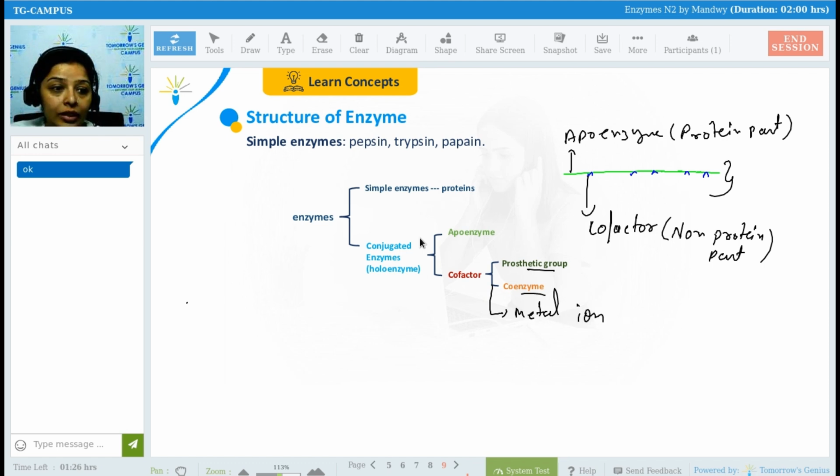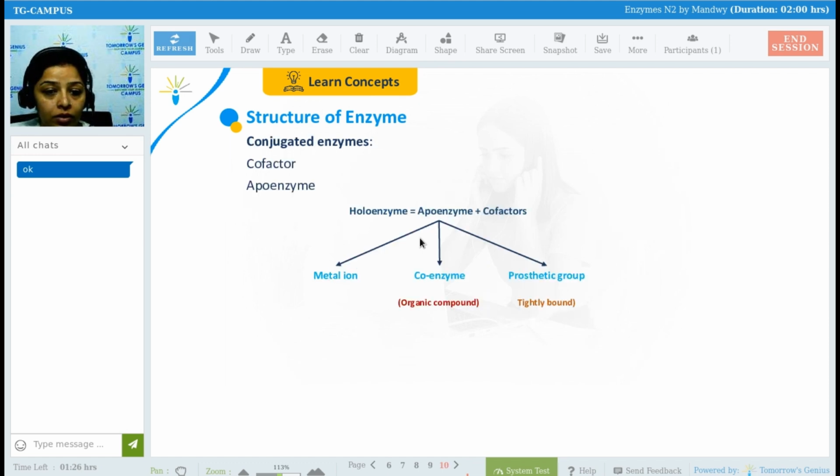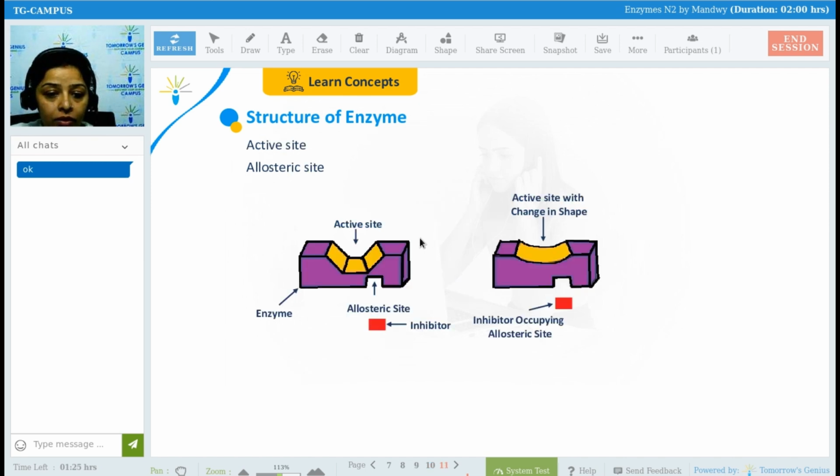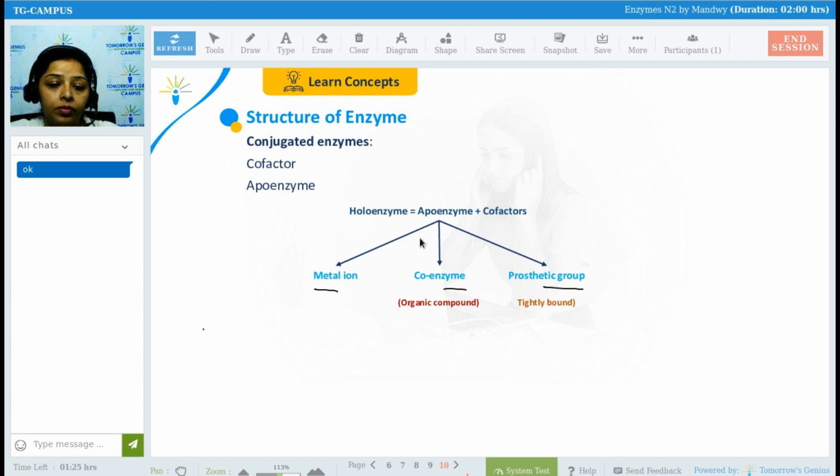Okay, three types of cofactors are there: metal ion, coenzyme, and prosthetic group. So what is this metal ion? Let's start with the metal ion first.